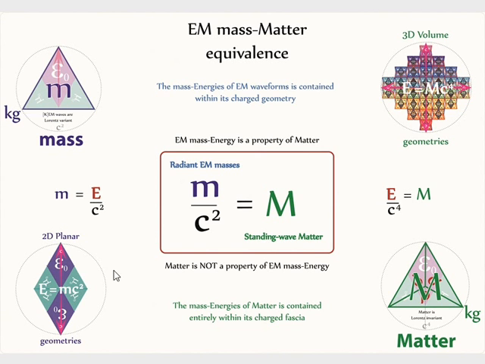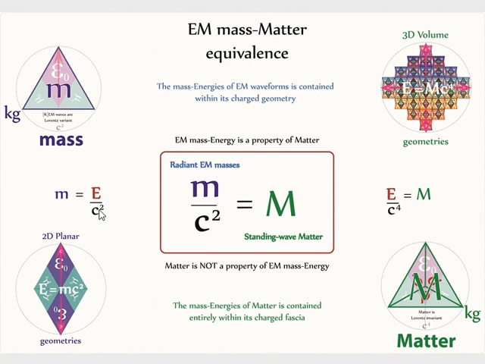Clearing this right up, and again differentiating between mass and matter, because mass is a measure of energy per c squared, whereas matter is a measure of the mass energy content per c to the fourth, we discover that the relationship between mass and matter is the square of the speed of light. Saying this another way, as per Einstein's equivalence, mass is just energy per c squared.